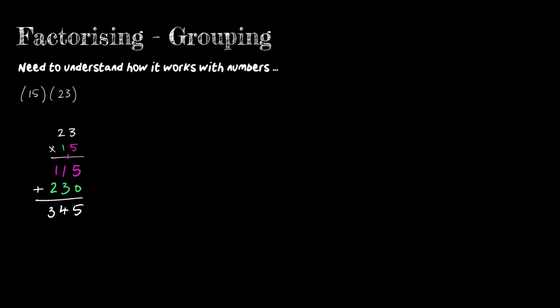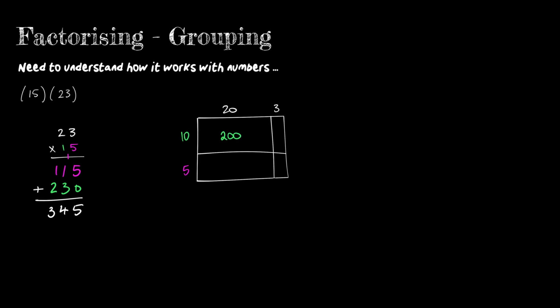So I'm going to show you there with numbers again, right? Just another way to represent long multiplication. So 15 multiplied by 23. Effectively what I'm doing is I'm multiplying my 10 by 20 gives me 200. 10 by 3 will give me 30. Okay.